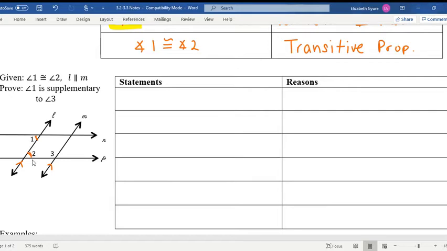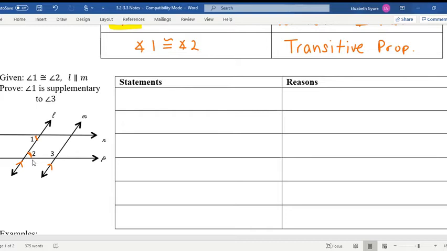Now, why might that be helpful if we're trying to prove that angles are supplementary? Ashley? Okay, 1 and 2 are congruent, yes. And if 2 and 3 are same side interior angles, they're going to be what? Supplementary. So we're going to be able to state that 2 and 3 are supplementary.